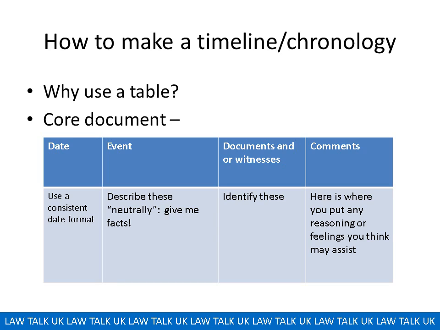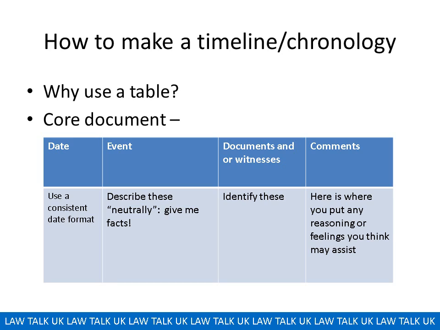Then when you come to describe the events, then try to describe them neutrally, give the barrister the facts rather than a lot of interpretation that you're putting on them. So that somebody entered the room is a fact, somebody entered the room in an insulting way is going beyond the facts and putting your interpretation on it.